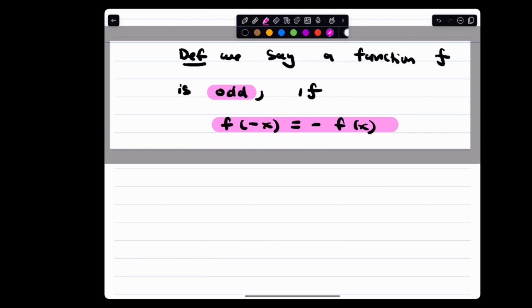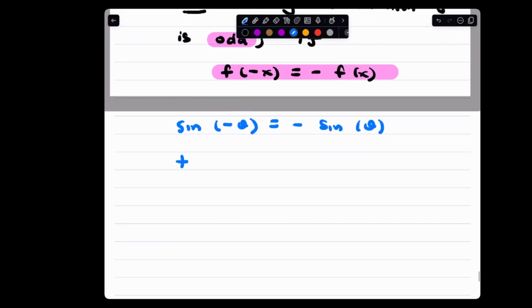Now, have we seen odd functions today? Say yes. How many odd functions have we seen today? Let me give you guys a hint. See if you guys remember this. What do we know about sine of a negative angle? That's minus sine of the positive angle. Is that true? What do you guys know about tangent of a negative angle?